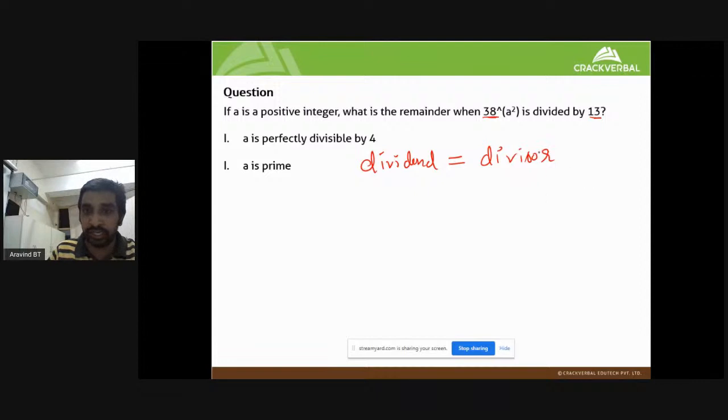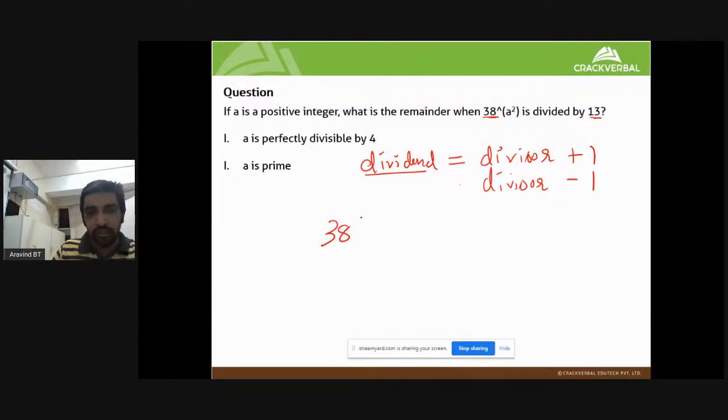But in doing that, try to express it in such a way that it is divisor plus 1 or divisor minus 1. Because when you have plus 1 and minus 1, your remainder problems become very simple. So try to express the dividend as a multiple of the divisor plus 1 or a multiple of the divisor minus 1.